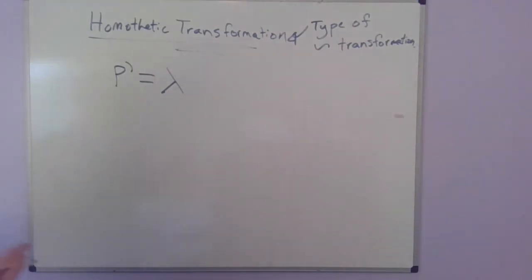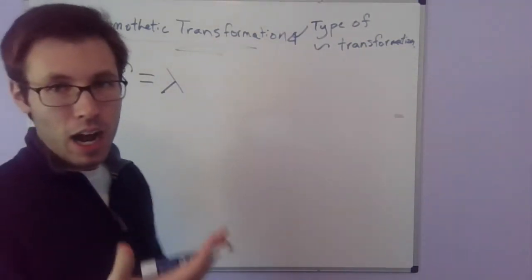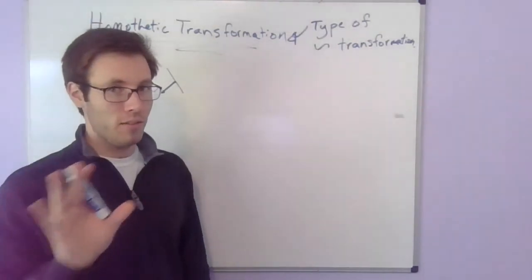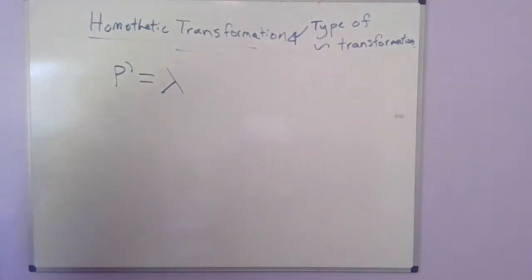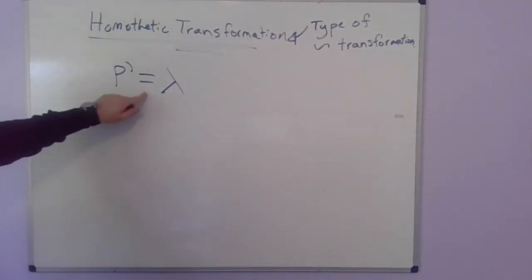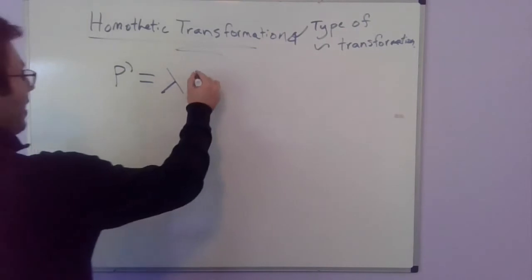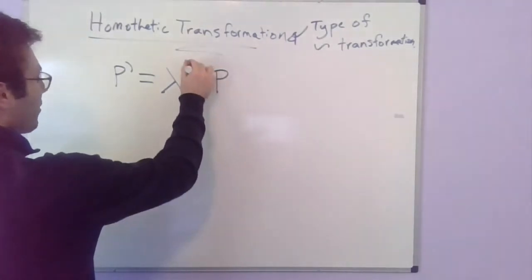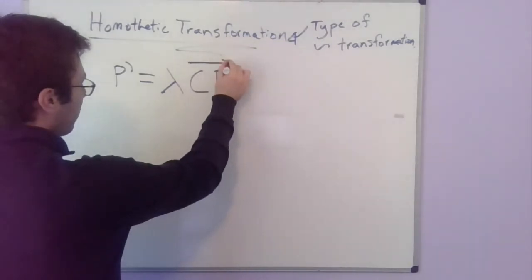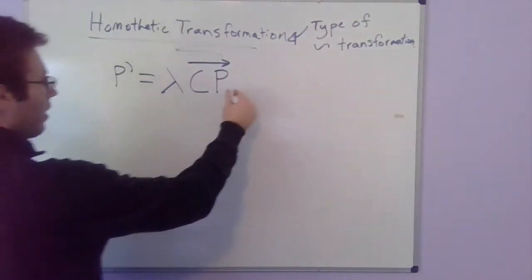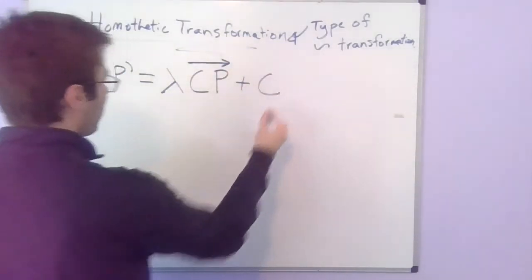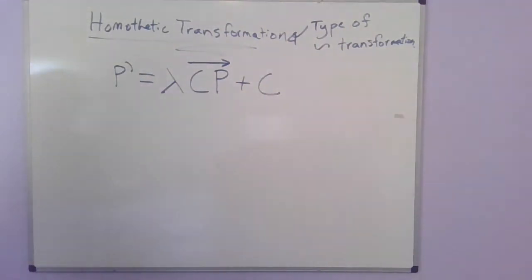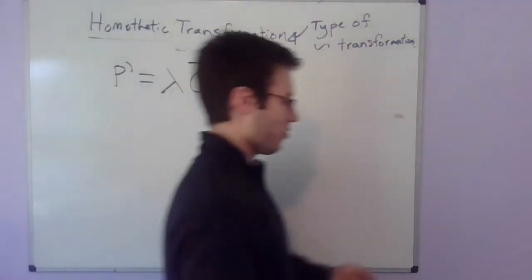But try and use these symbols because they're commonly used, and it works out very nicely with this. So P prime is equal to lambda, and then remember CP/CTC? Well, it's almost like that. So it's CP, and it's the vector, and then plus C. And I'm going to tell you what all those objects are in this transformation here.